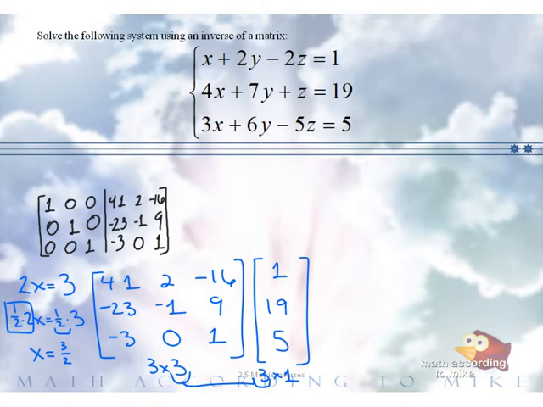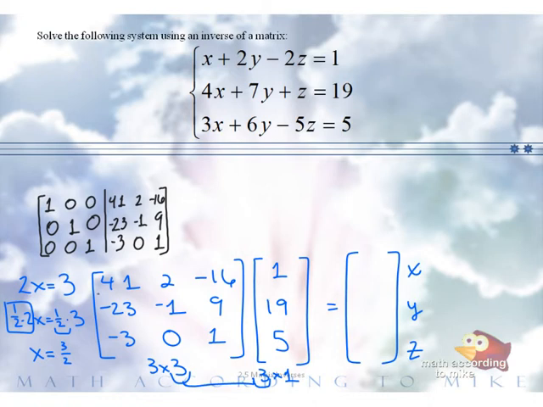So the end result will be a 3 by 1. However, the 3 by 1 answer will have meaning. The first number is what x equals, and then y, and then z. Because that's the order of the variables in the original problem.